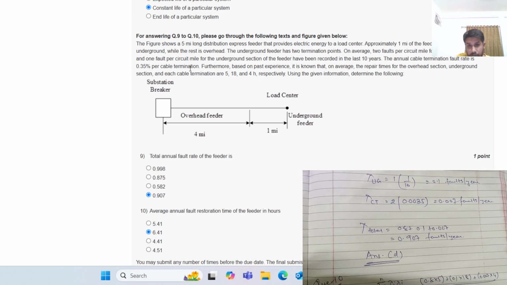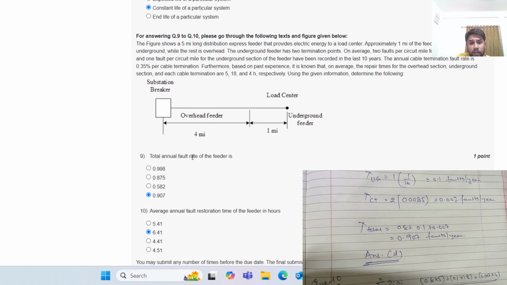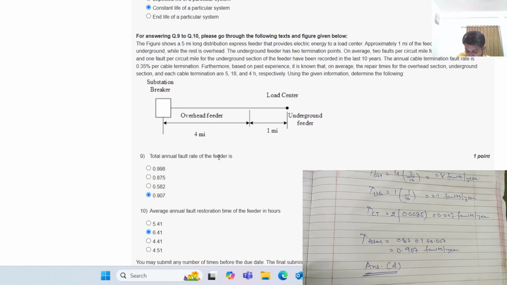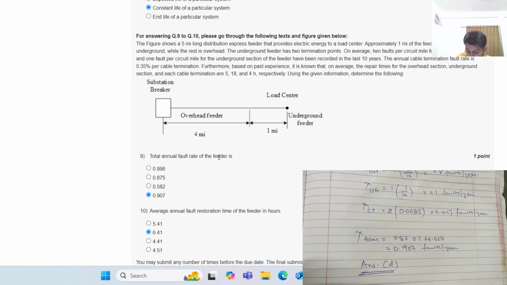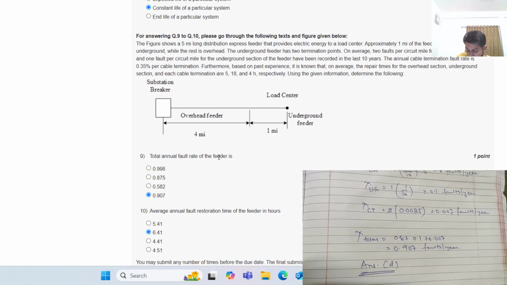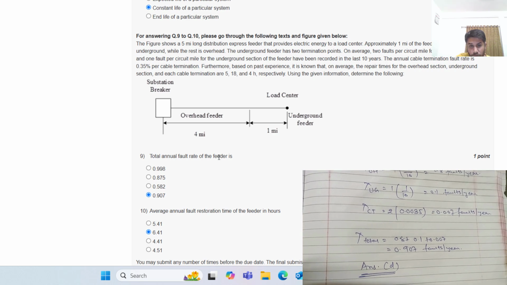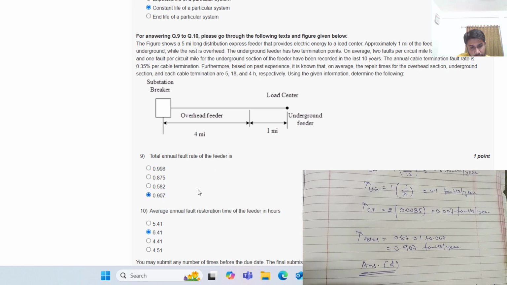So total annual fault rate of the feeder is fault rate of OH line plus fault rate of UG cable plus fault rate of terminations. So it is 0.907 faults per year. So answer is D.